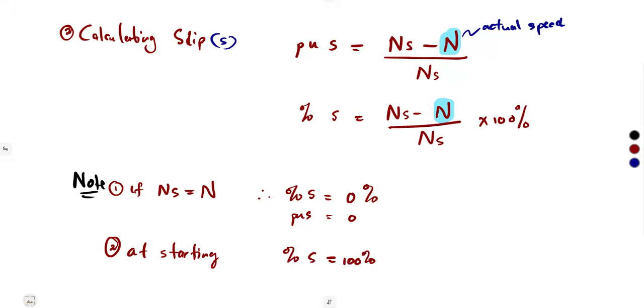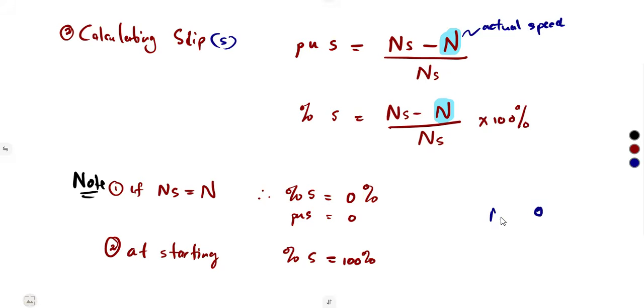It is because when you are starting, the rotor is not rotating, so there's no actual speed. We just have the synchronous speed of the armature, the magnetic field. So we just have that.